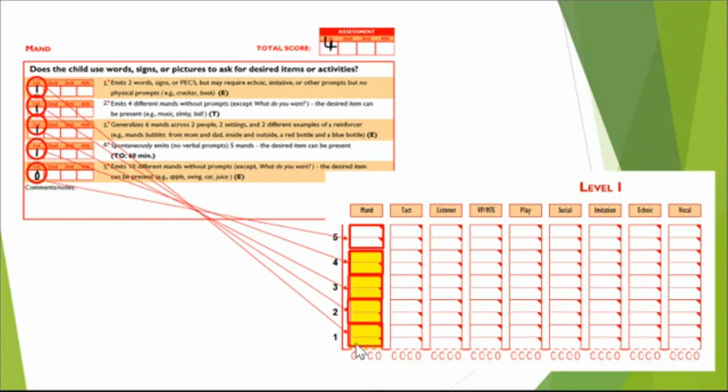O means that you can observe the skill occurring, so you must obtain this data by observing, but not interfering with the learner. So maybe you're looking at, for instance, does the learner spontaneously label 3 things in the environment, and you have to do that by observing.